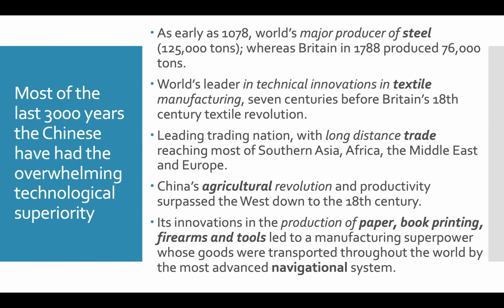And if you think I'm just talking about the Navy, I'm not. Take a moment to look through this list. We're talking about steel. 1,000 years ago, China was producing considerably more steel than Britain produced in the 1780s. They were innovators in textile manufacturing, so textiles, clothes, 7 centuries before the British textile revolution that we looked at in the previous slides.